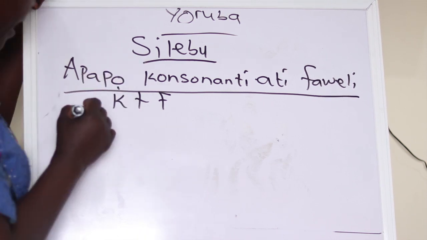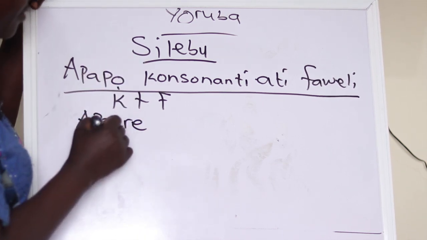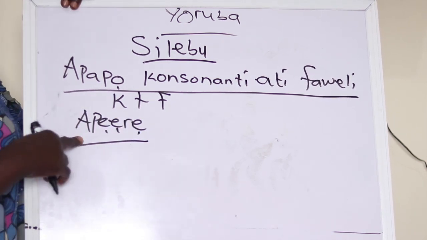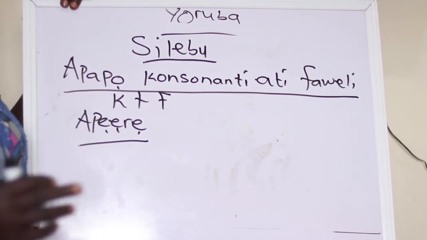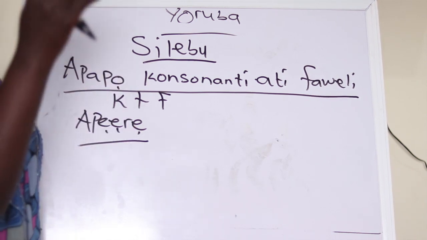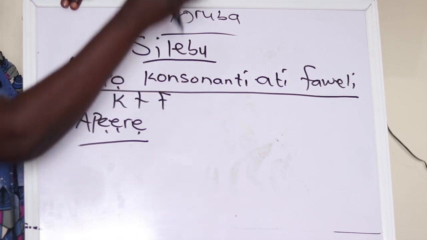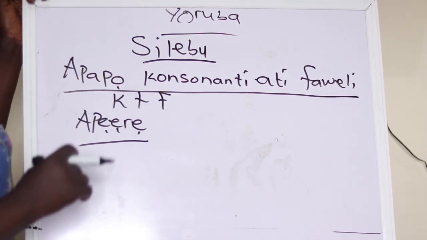Ká sọ pé àpẹẹrẹ. Àpẹẹrẹ. What is the meaning of àpẹẹrẹ? Examples. Àpẹẹrẹ, examples of consonants plus vowel. That's what we call syllable.